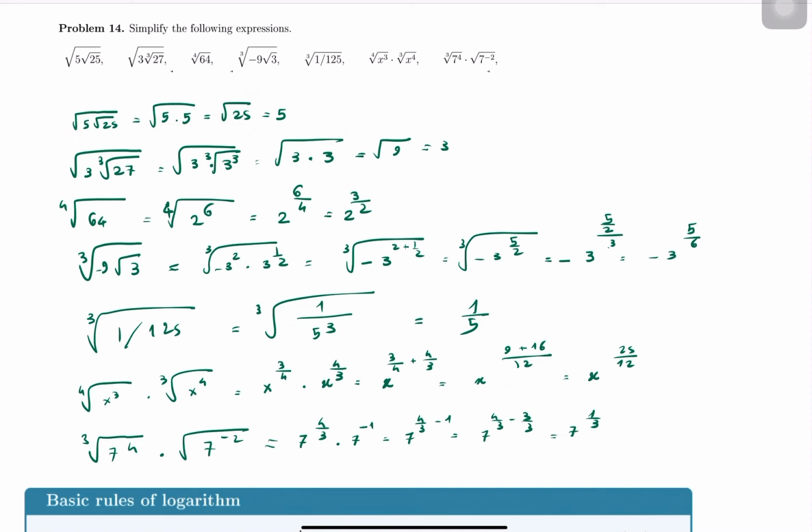This is the most important thing: for a radical inside a radical, we must change each independently to a number, then multiply these numbers together. For the second example, 3 multiplied by radical 27 in the root of 3, I change 27 to 3 power 3.